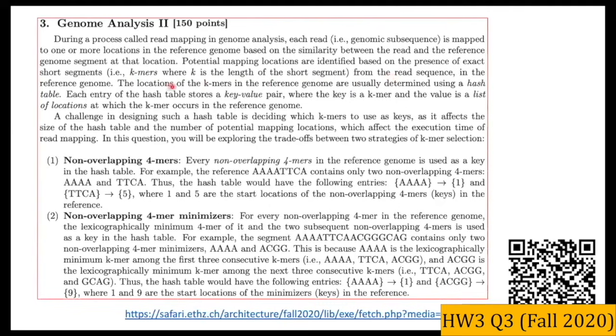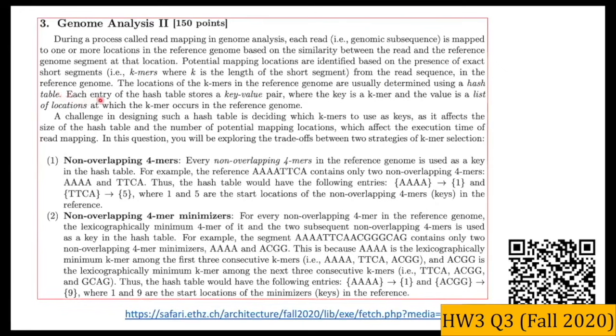The locations of the k-mers in the reference genome are usually determined using a hash table. So a hash table here will be used as one type of index data structure. There are other alternatives, but in this question, we will be using a hash table.